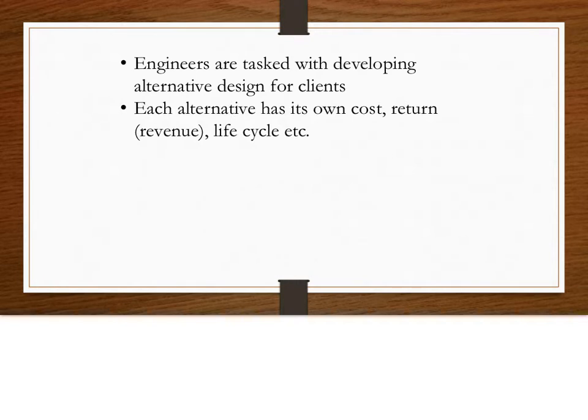For example, we could show two alternatives for the design of a dam. Alternative 1 is a large-scale concrete dam, a robust structure that is very expensive in terms of materials and labor-intensive, but will ultimately save the client money in maintenance costs and will also have a much longer design life.